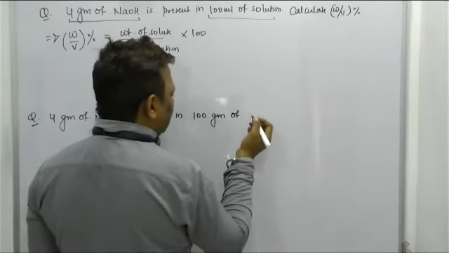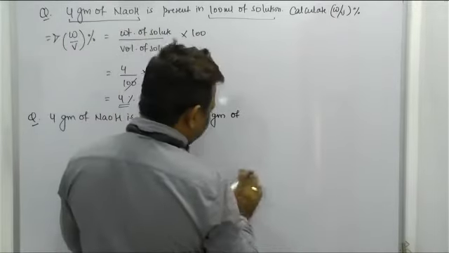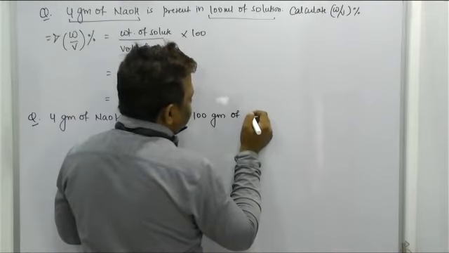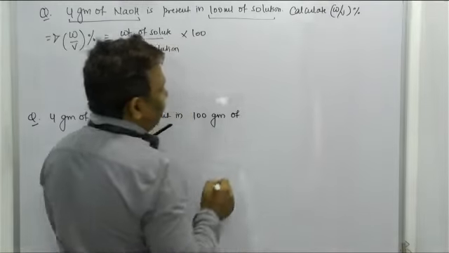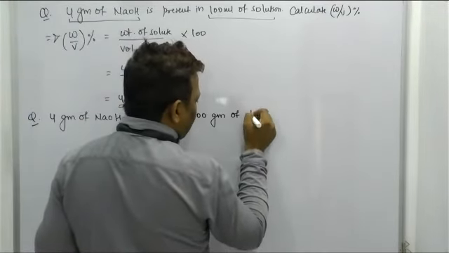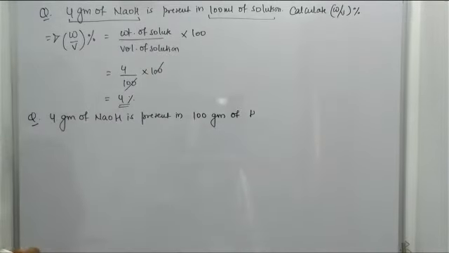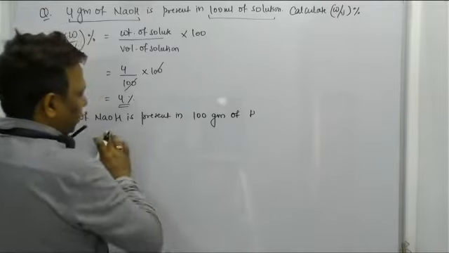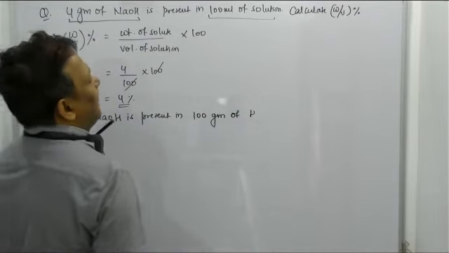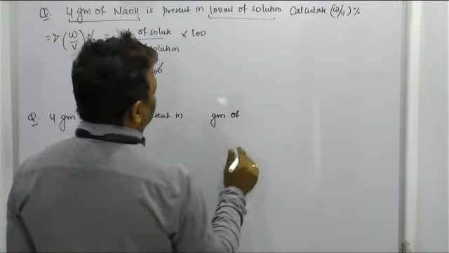I want to say 4 gram of NaOH is present in 100 gram of solvent.